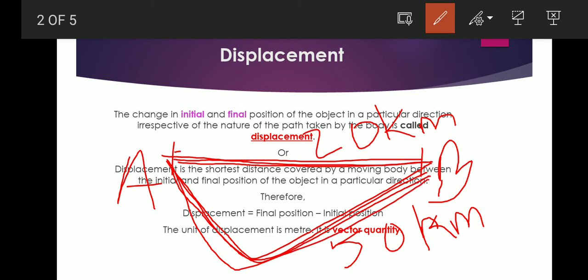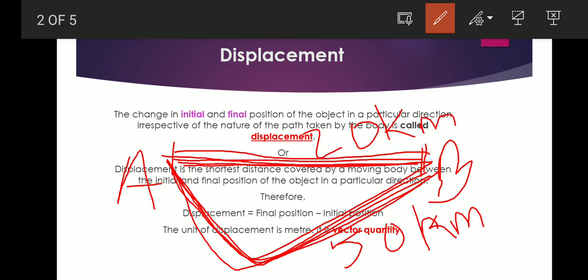You just have to measure the shortest way like this. So this is called displacement. But in case of distance, you have to measure the actual path that you have covered. That is, from A you follow this path and to reach B you covered 50 kilometers. This is the actual distance that you have covered, but the actual displacement will be only 20 kilometers.